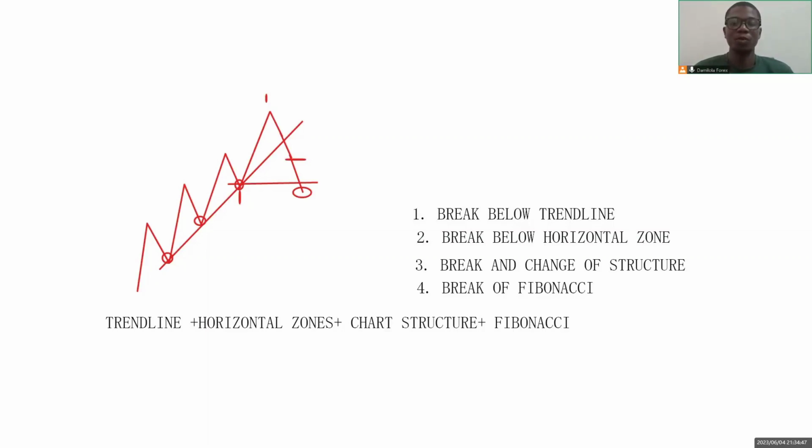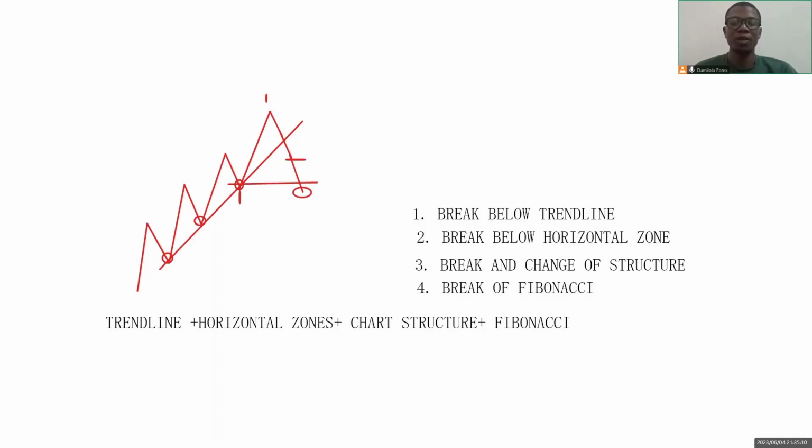As soon as I see that all of these four criteria listed here have been violated or broken, I know that the bulls are completely done, and the next thing I do is enter my sell on this particular price. Because one, there's been a break below the trend line, there's been a break below the horizontal line and horizontal zone. There's also been a break and change of structure, because price made a lower low that is lower than the previous low.